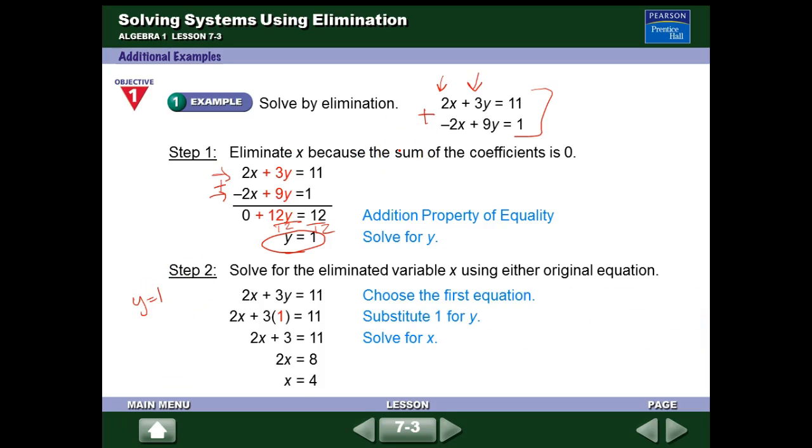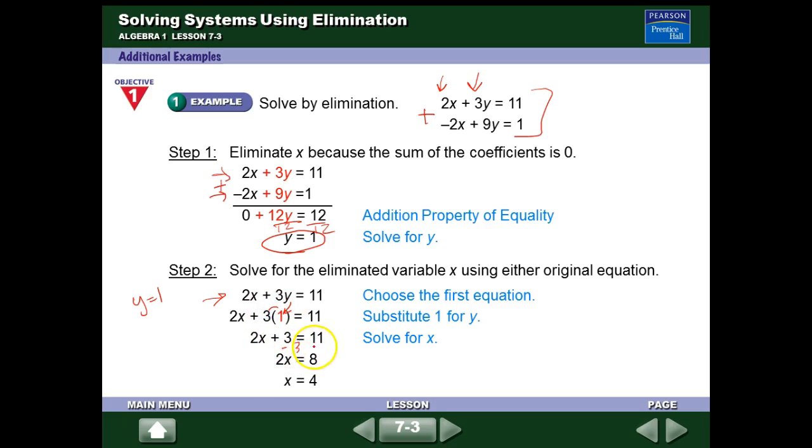So they took the first one. It does not matter if we use the first equation or the second equation, but here they use the first: 2x plus 3y equals 11. Well, we said y equaled 1, so you can see here they substituted 1 in, distributed it throughout.